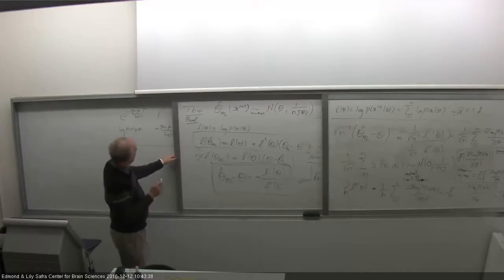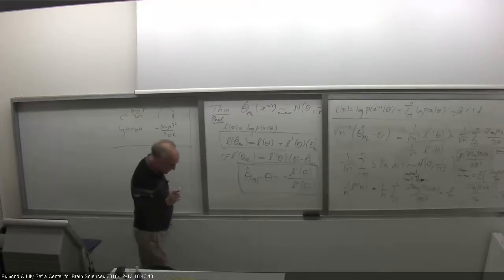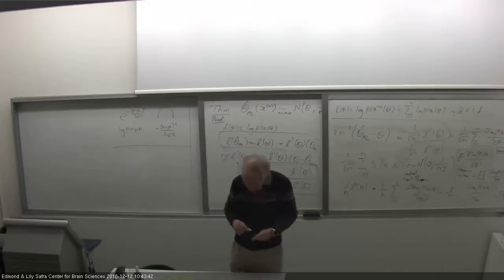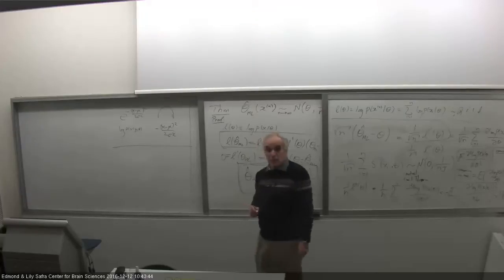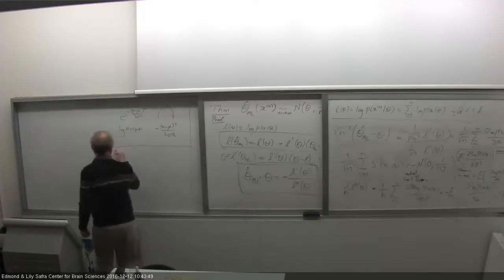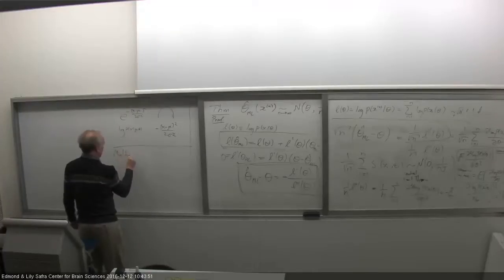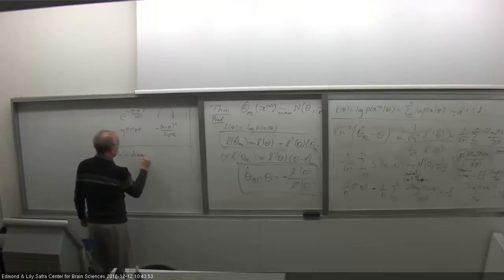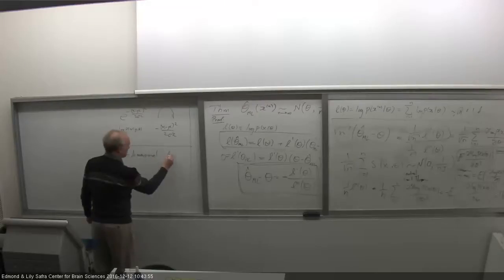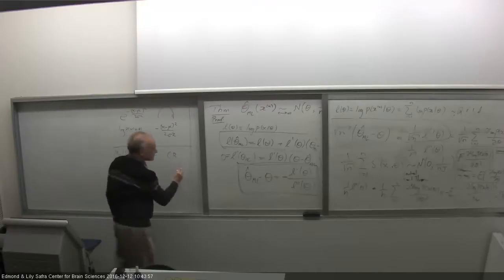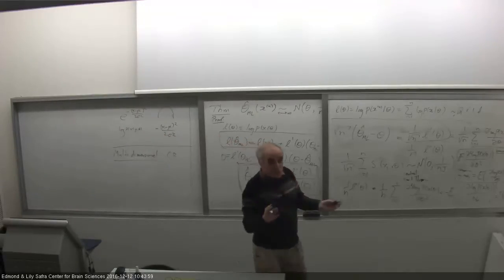Now, I just want in the next 2 minutes to show one thing that is slightly technical but certainly important. So what happens if there is more than one parameter, or a multi-dimensional parameter? In this case, essentially everything goes through.